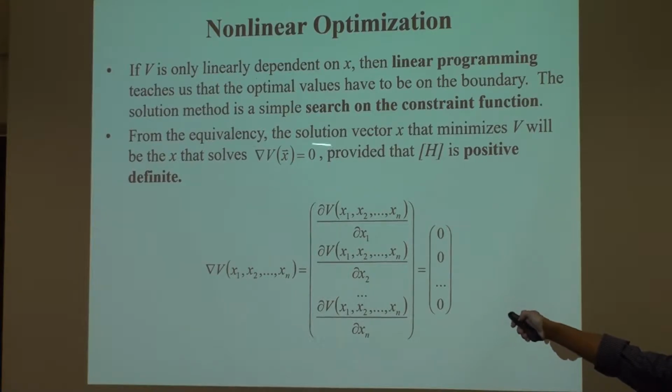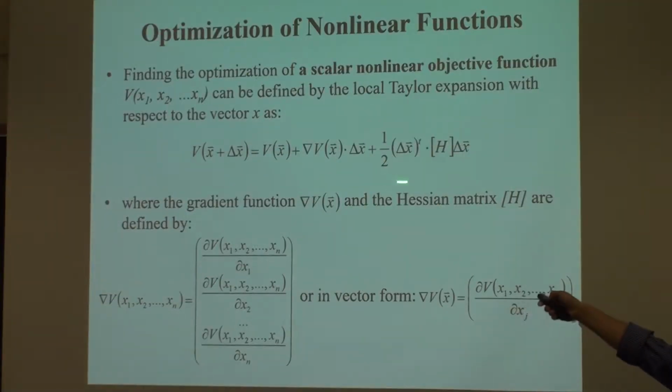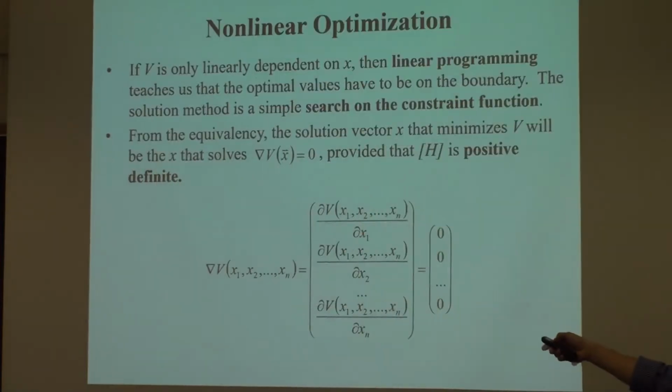So now, from the equivalency, we say it has a minimum if the Hessian matrix is positive definite. This is derived directly from the Taylor expansion. If this is a good approximation and the Hessian is positive definite, that means if I approximate V in that region, all other points except the minimal point are larger than me.